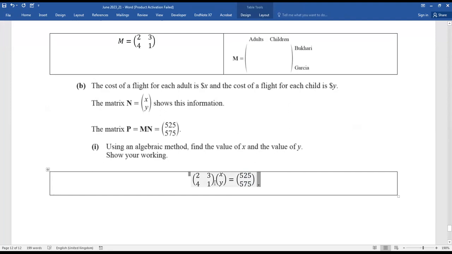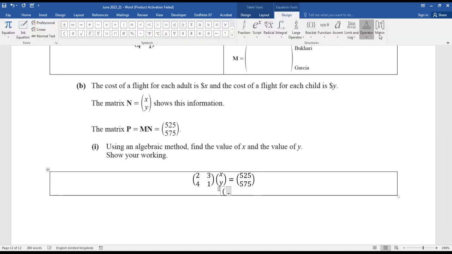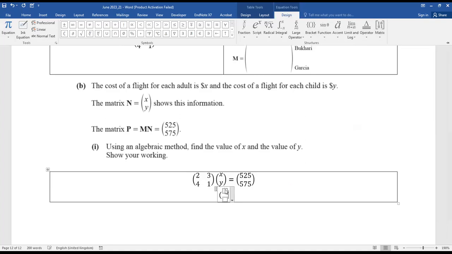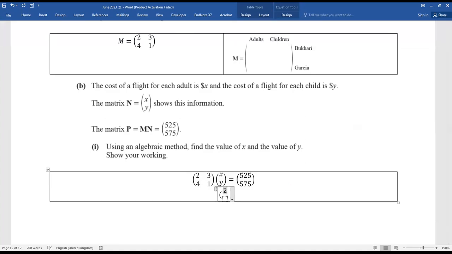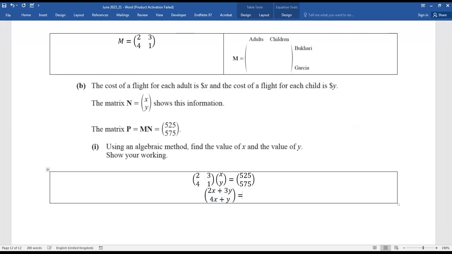So what can we do here? We just multiply this matrix. How do we multiply it? We will say that we get first row multiplied by the first column, 2x plus 3y, and the second row, 4x plus y, and the value is equal to this.